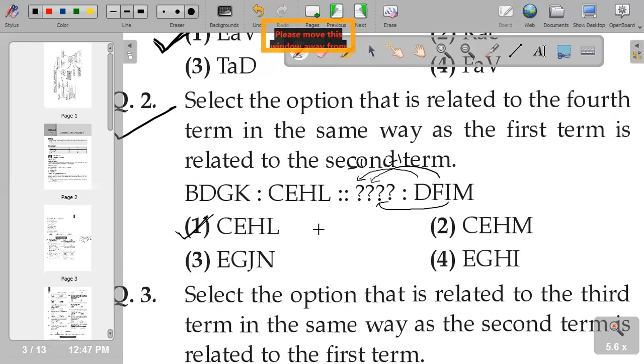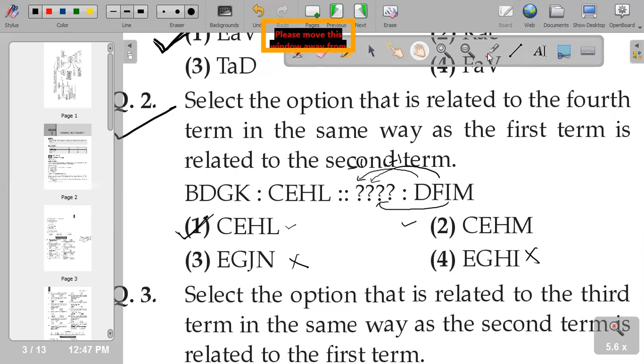Here, the letters started with C, E, C are the only ones to be answered. So we will only check 1 and 2, not go to the third and fourth options. So remember my words.